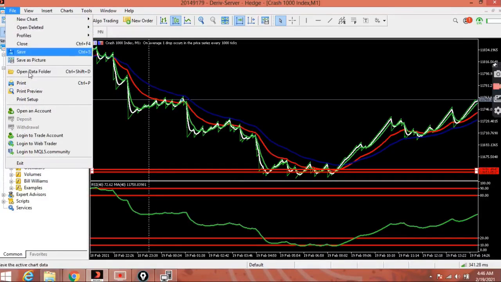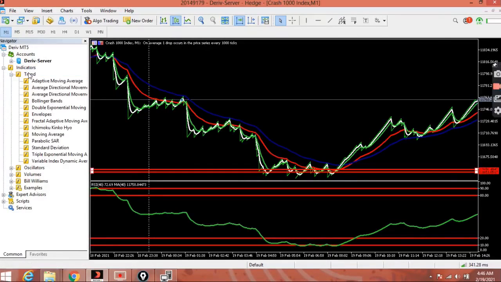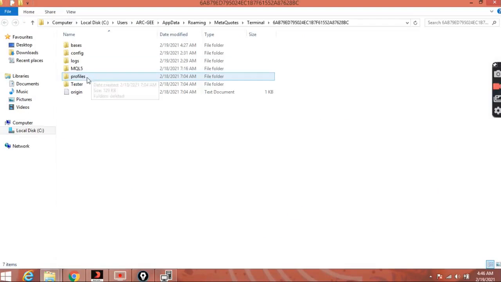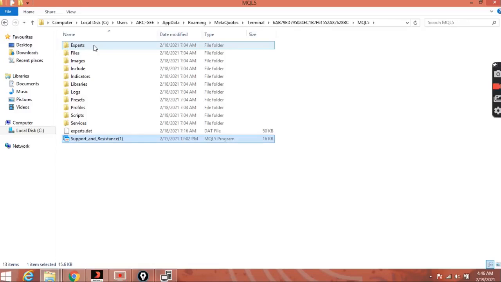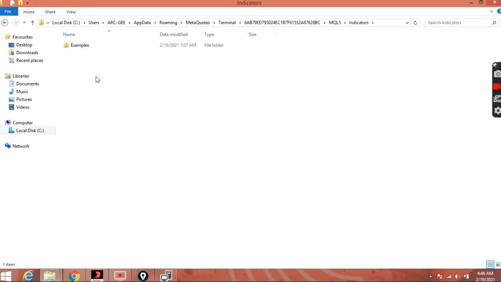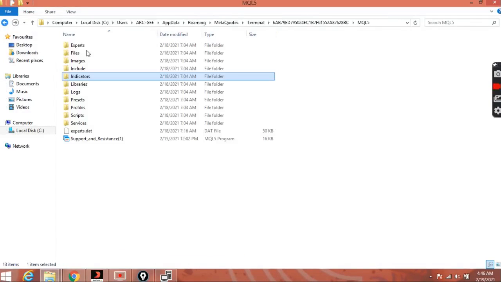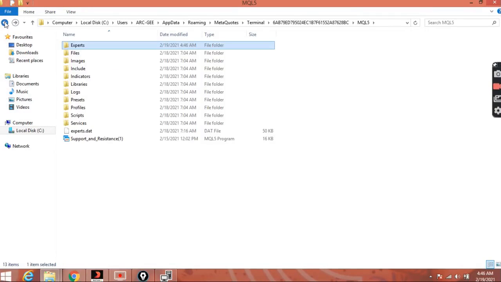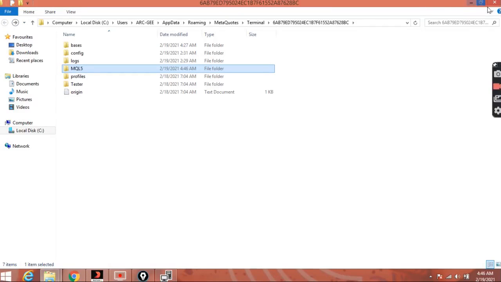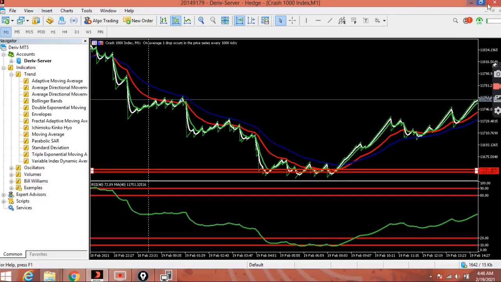Go to file, open data folder. You see this? What is it called? MQL. You paste it here, and you go and open these indicators. Let's paste it here as well. Then you close your back and you close it here, and you close your empty file.